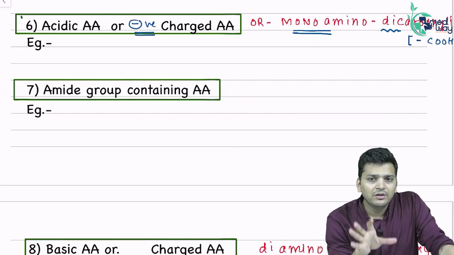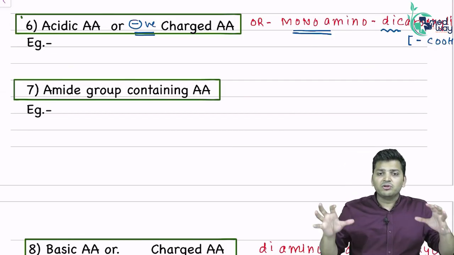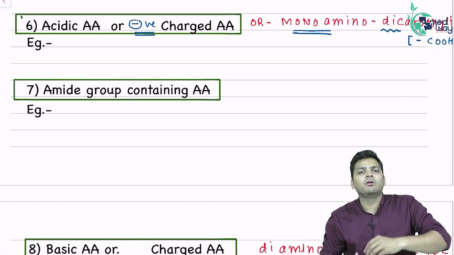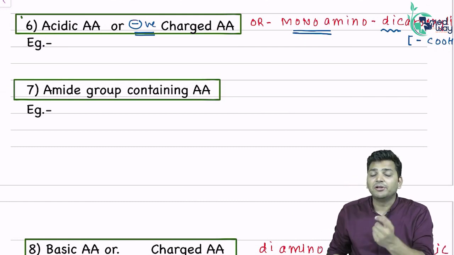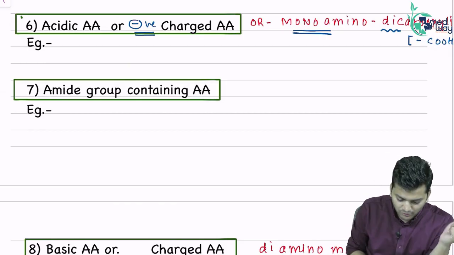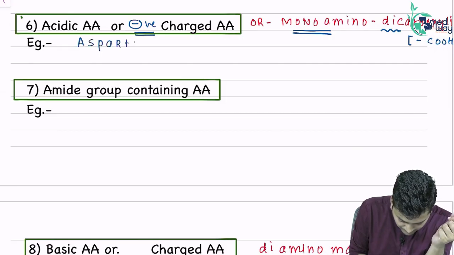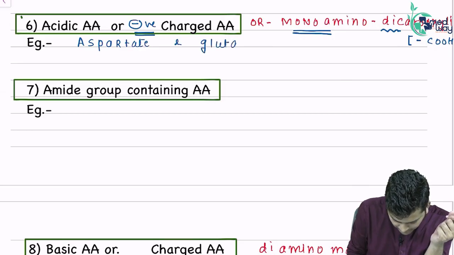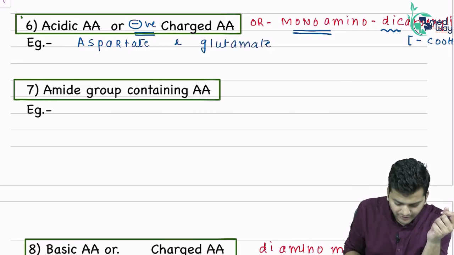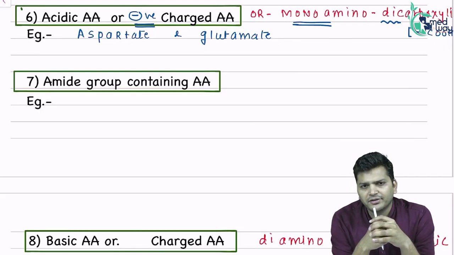What will be the other names? Glutamate and aspartate. So if they want to ask you which is a negatively charged amino acid or which is an acidic amino acid, they will give you the options aspartate and glutamate. So the acidic amino acids are aspartate and glutamate.